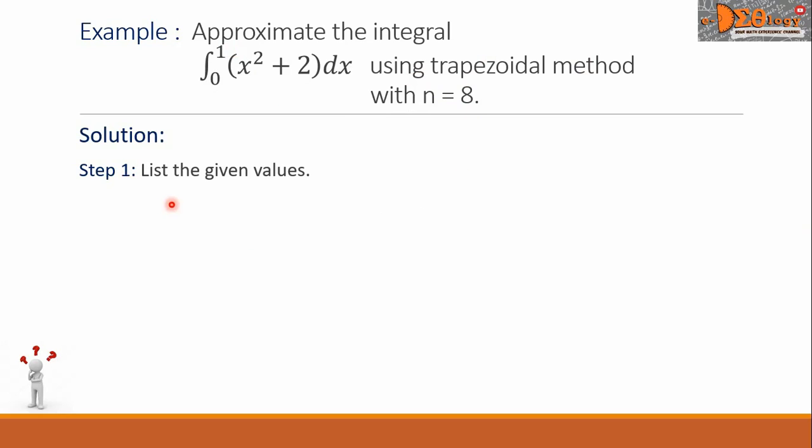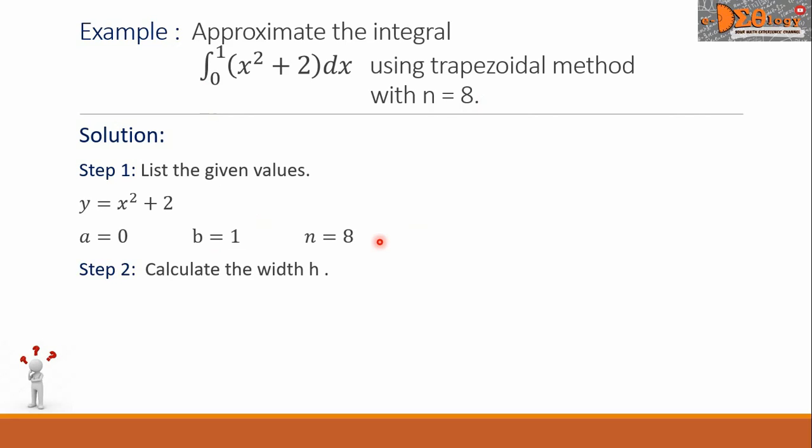Step 1 is to list the given values. First, we collect y is equal to the function x squared plus 2. Then, the lower and upper limits respectively. a equals 0 and b equals 1. And n is given as 8.